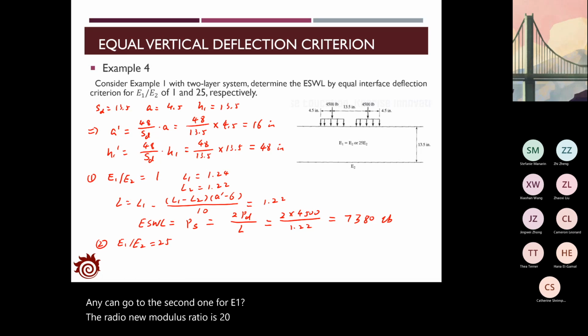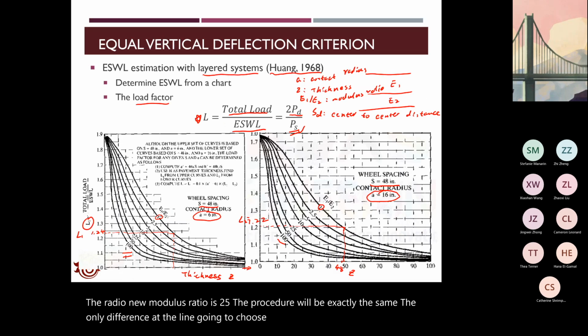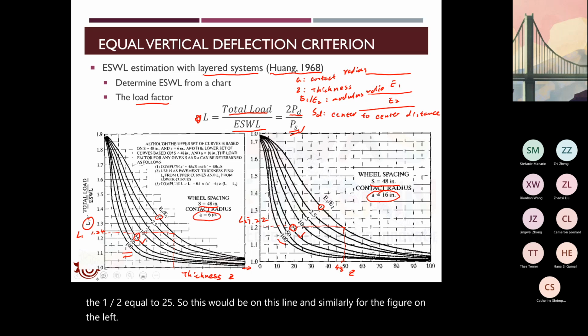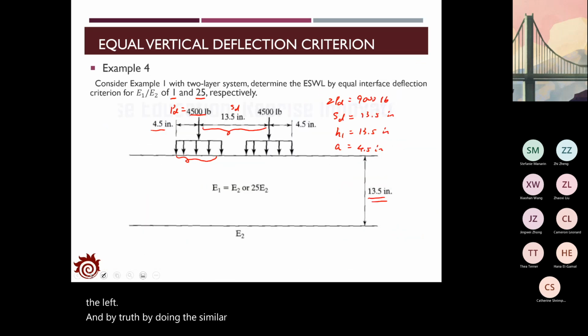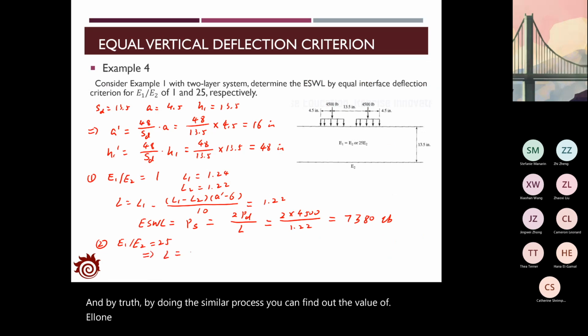The procedure will be exactly the same. The only difference is the line you're going to choose. You're going to need to choose the line with E1 divided by E2 equal to 25. So this would be this line, and similarly for the figure on the left. By doing a similar process, you can find out the value of L equal to 1.06.